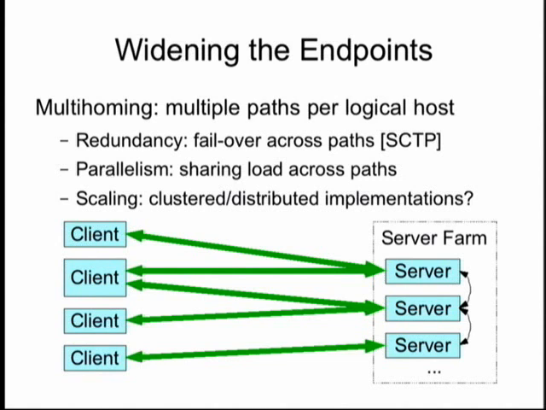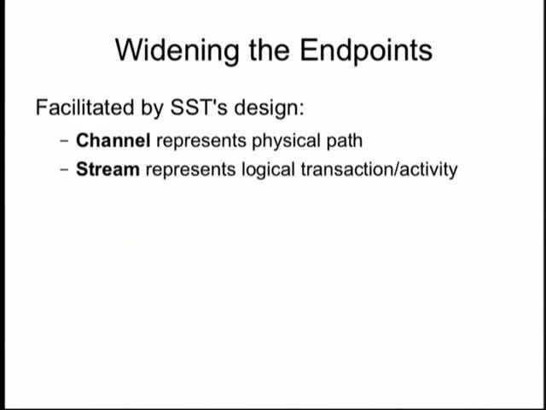How can we address that? I'll say up front, I don't really have any definite answers yet, but I want to point out a couple aspects of SST's design that I think would facilitate these kinds of things.